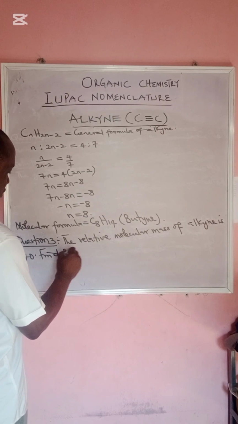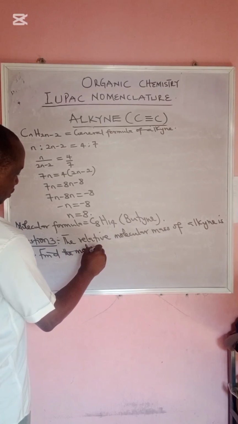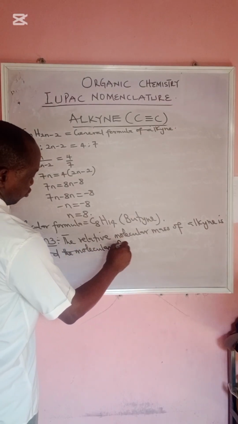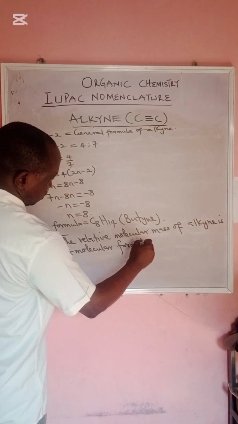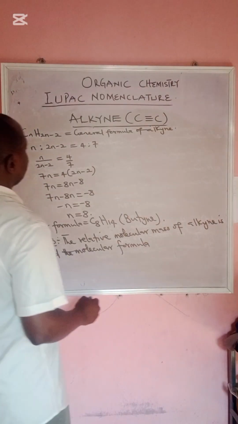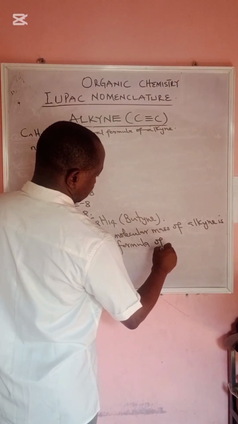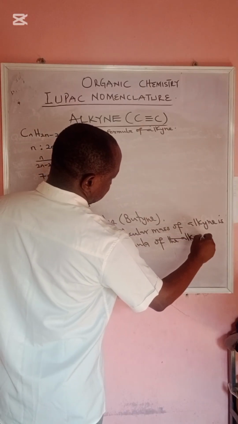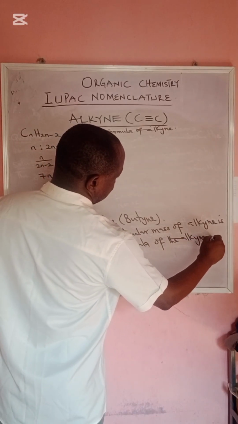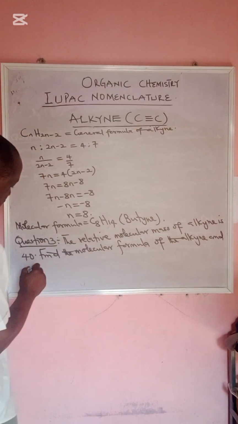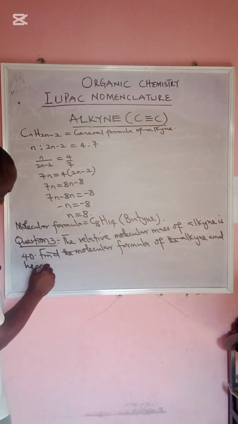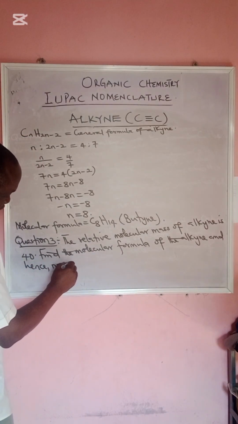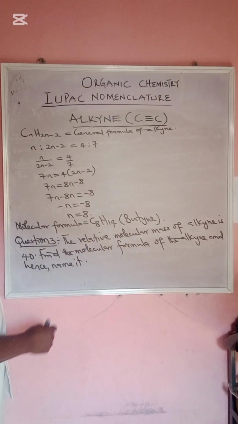Find the molecular formula of the alkyne and hence name it. Give the IUPAC name.